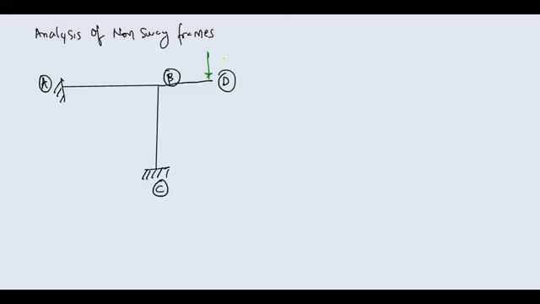Here you have some loading of 10, length is 1.5. Here you have I inertia and a UDL of 24. Here you have I inertia and this loading is 12. This is 1.5 meters, this is also 1.5 meters, and this horizontal length is 4 meters.